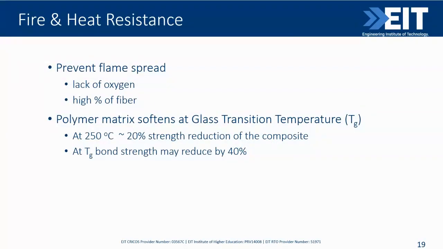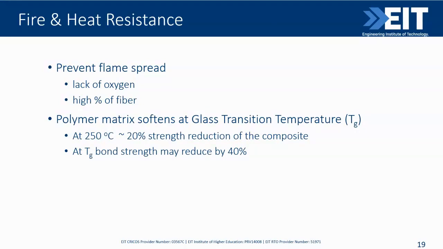The fire and heat resistance, that's another important consideration here. The fibers and matrix behave differently in a fire. The fibers are relatively non-flammable. However, in high temperature, they become softened, char or melt, and the mechanical strength can be reduced.